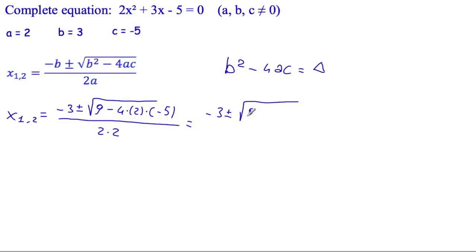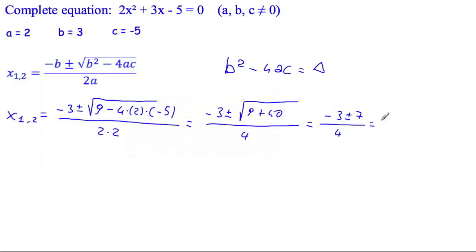Two negative factors give a positive product. All divided by 4. Again, that is equal to negative 3 plus or minus the square root of 49, which is 7, divided by 4. We'll now consider the plus and the minus in turn.